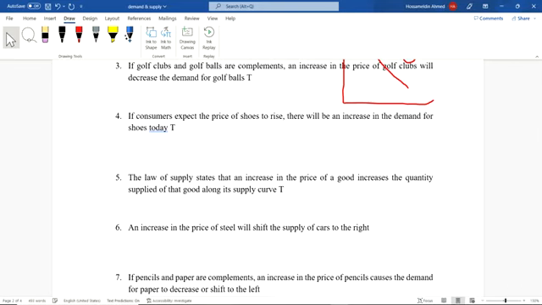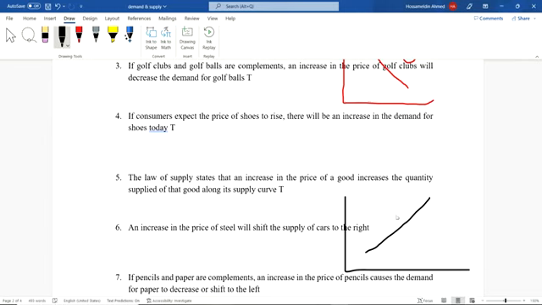Number 6. An increase in the price of steel will shift the supply of cars to the right. This point describes steel as a component of cars. As the price of a component of cars increases, will the supply of cars increase or decrease? If the price of a resource I use increased, will my ability as a producer to produce increase or decrease? Naturally it decreases, because I no longer have the same money as before; my resource costs increased. Great. Since my ability to produce decreases, my supply decreases.